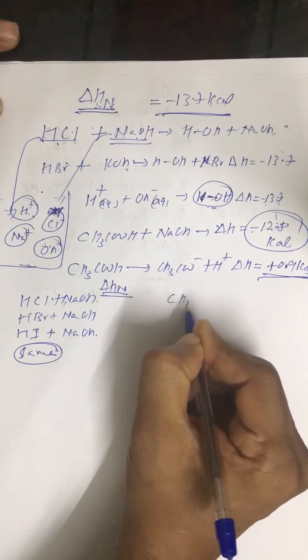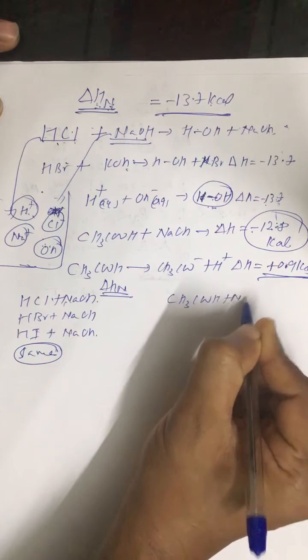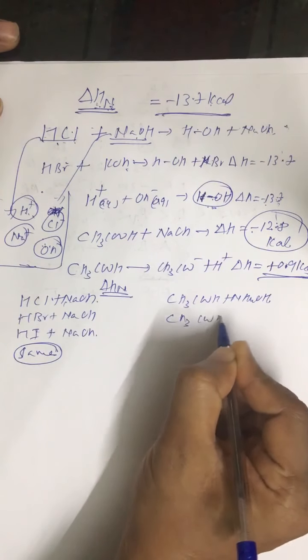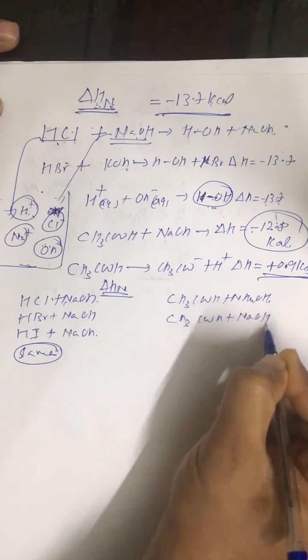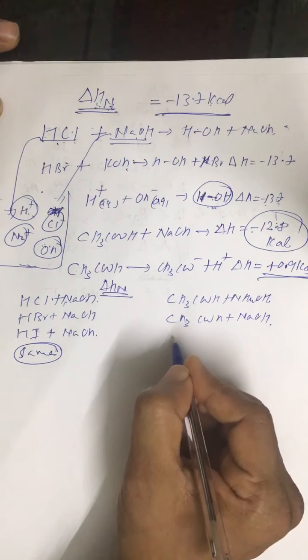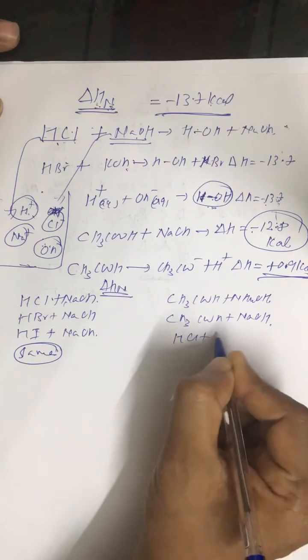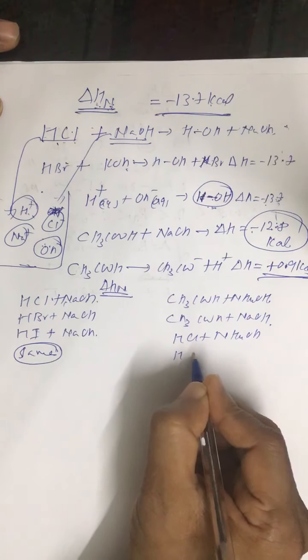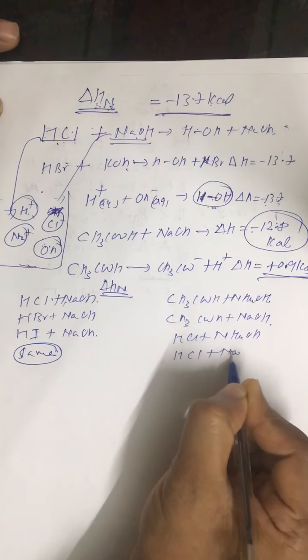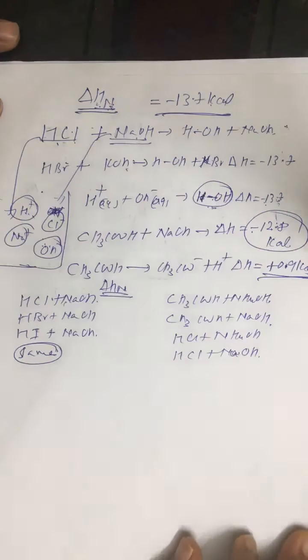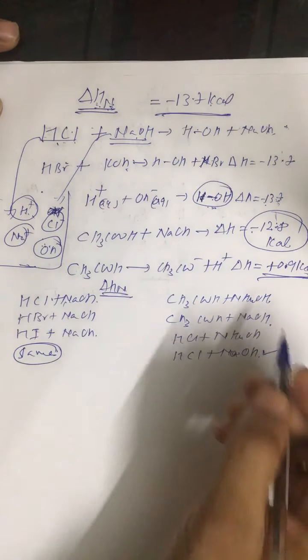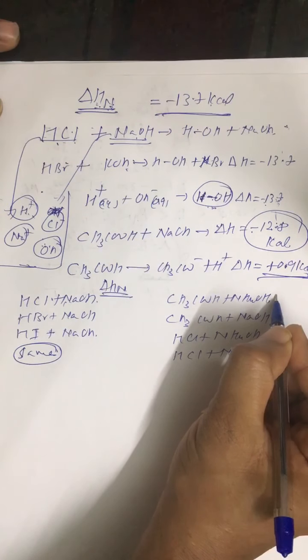Or suppose we have a question: acetic acid plus NH4OH, or acetic acid plus NaOH, or HCl plus NH4OH, and HCl plus NaOH, in which case maximum amount of heat is released, and in which case minimum amount of heat is released.